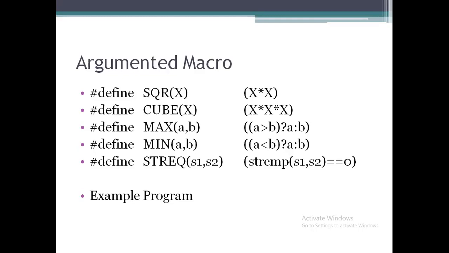Let us define SQR, the square of x. For suppose our input is x equal to 5. What is our expectation? Square means 5 into 5, 25. Cube is 5 into 5 into 5, that is 5 power 3. So that is calculated here.